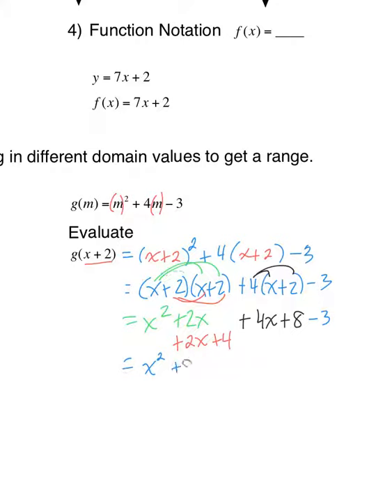So positive 8x. And then I have 4 plus 8 is 12. 12 minus 3 is 9. So I have a positive 9. So my g of x plus 2 is equal to x squared plus 8x plus 9.